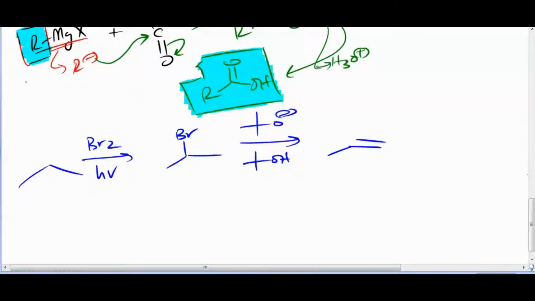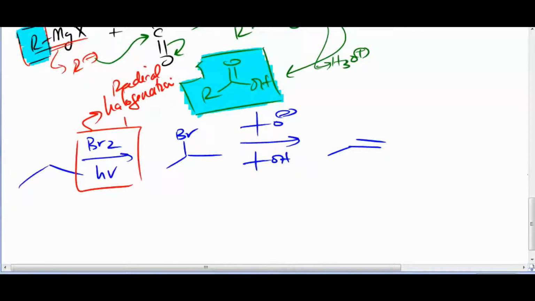So do you guys remember what this reaction was? This is just the halogenation, the radical halogenation of an alkane. And if it's bromine, it's the more substituted position. If it's chlorine, it's the less substituted position. So you put this guy in the more substituted position.